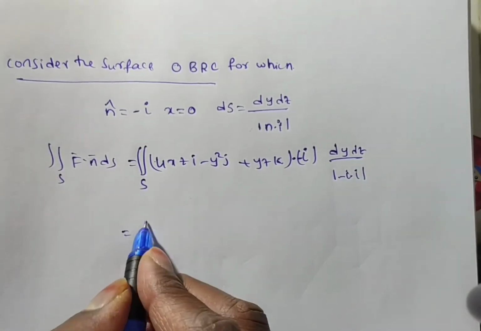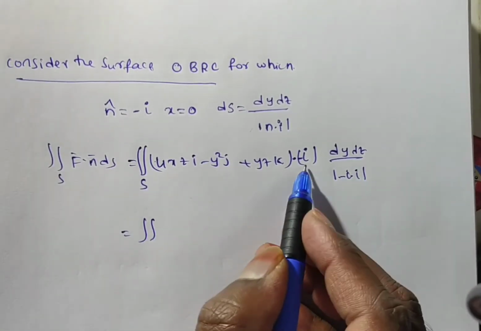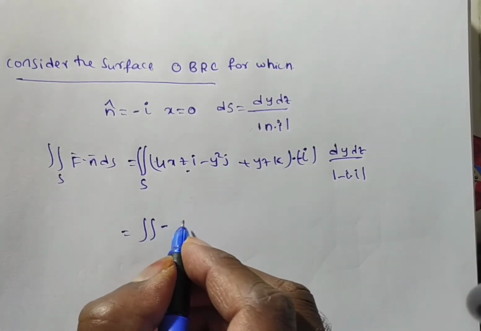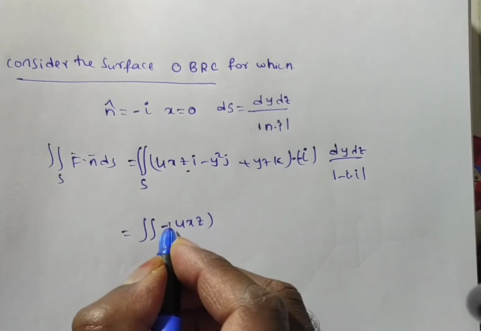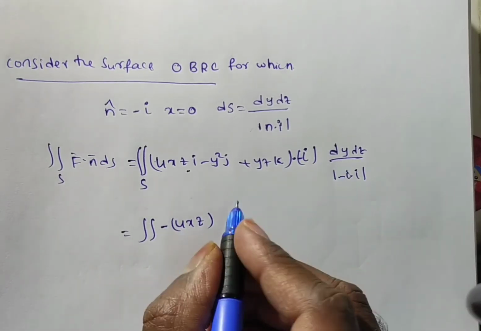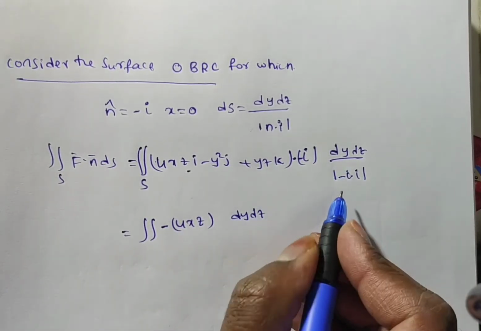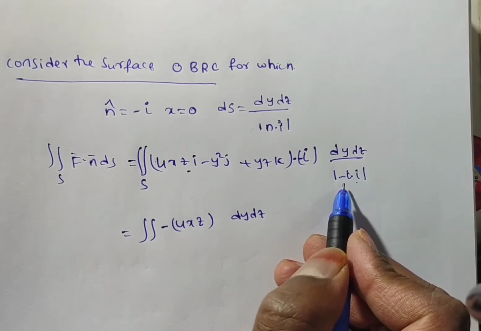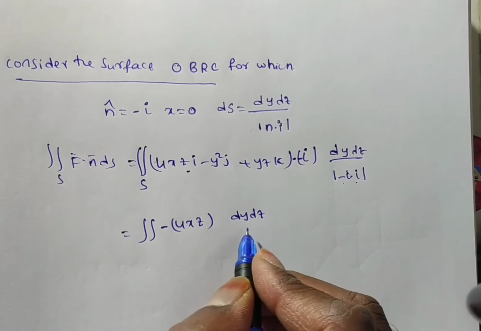You see in this case double integral over s, friends, i dot i is 1, so here already negative sign is there, so negative 4xz into dy dz by, here minus i dot i is 1, negative 1, modulus of negative 1 is nothing but what, 1 only na? So no need to write in this case.